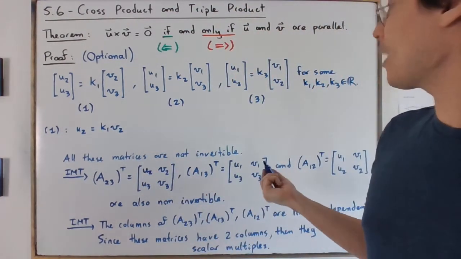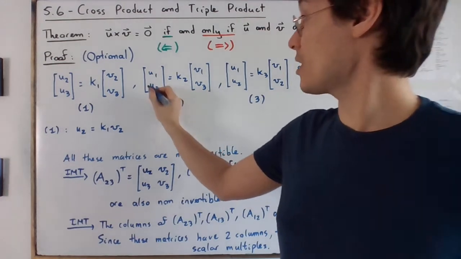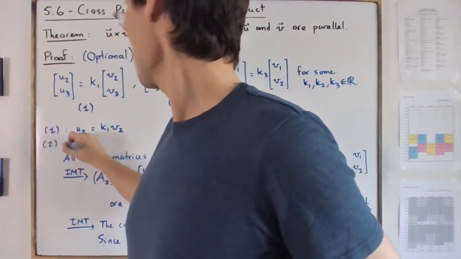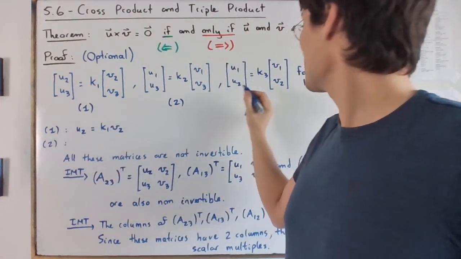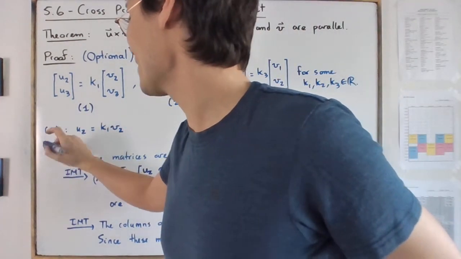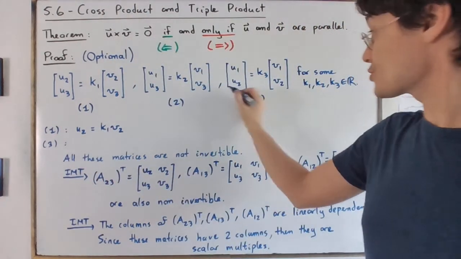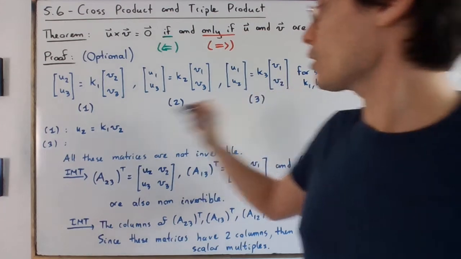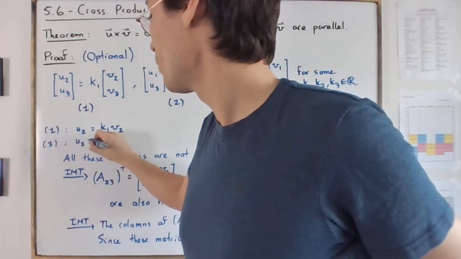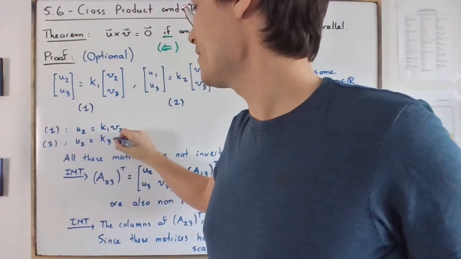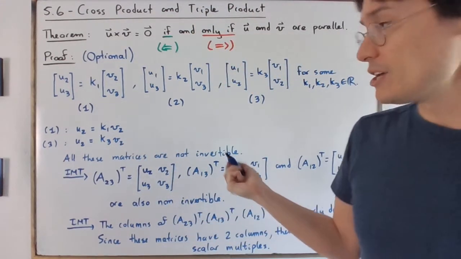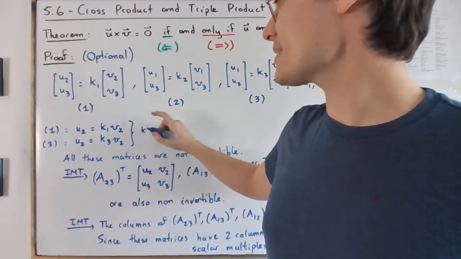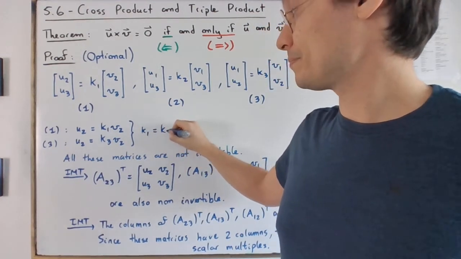Okay? However, from equation 3, you get that U2 is equal to K3 V2. I messed up again, sorry about that. Okay? So as you can see, this proves that K1 is equal to K3.